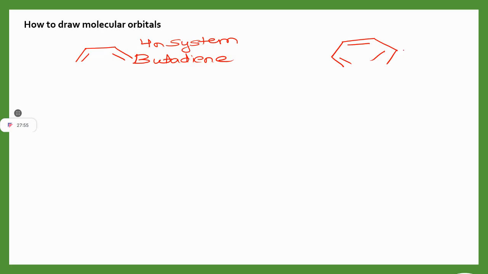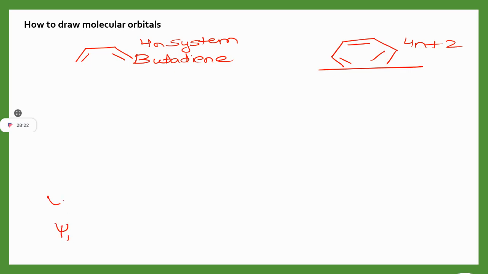Why? Because of 6 pi electrons. So if you put n equals 1, it is 4n plus 2, right? So this is your 4n plus 2 system. Now according to the frontier molecular orbital approach, there will be four wave functions related to butadiene since it has 4 electrons. So let's draw from here.